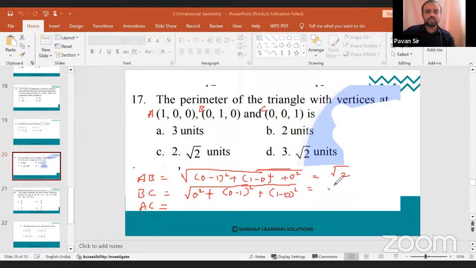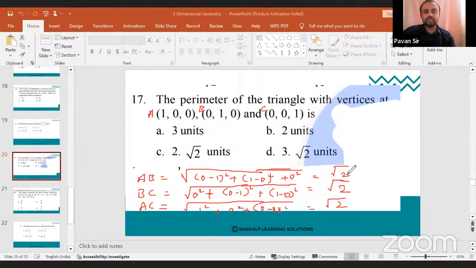So again it is also root 2. Try to find AC and get the answer. It is 1 minus 0 square, that is 1 square, plus 0 square plus 0 minus 1 square. When it gets squared, the minus or plus is not affecting. So root 2, root 2, root 2.